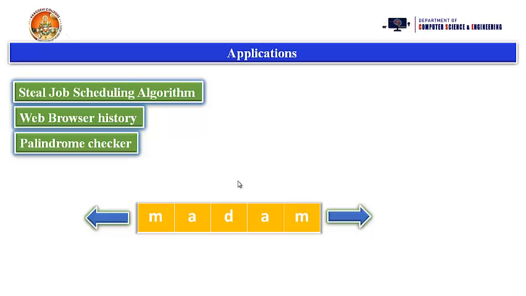If they are the same, we DQ one more element from the front end and rear end, that is A from the front and A from the rear. Again we check both are the same or not. Like that, to check a palindrome, we use the double-ended queue. These are some of the applications of double-ended queue.